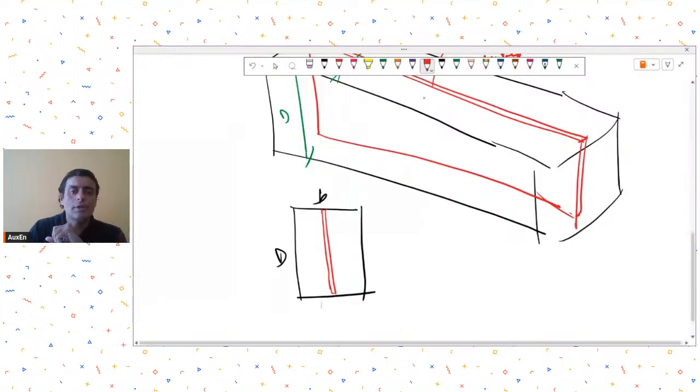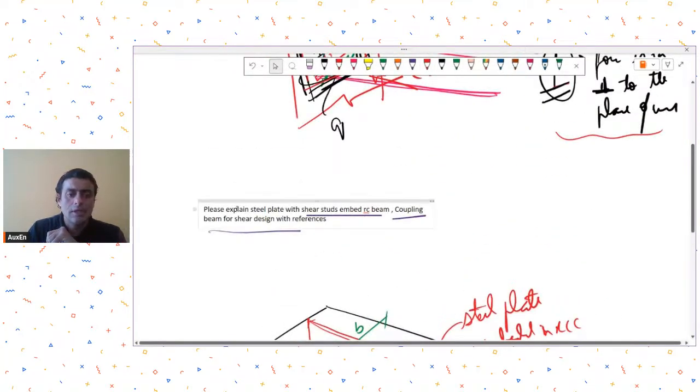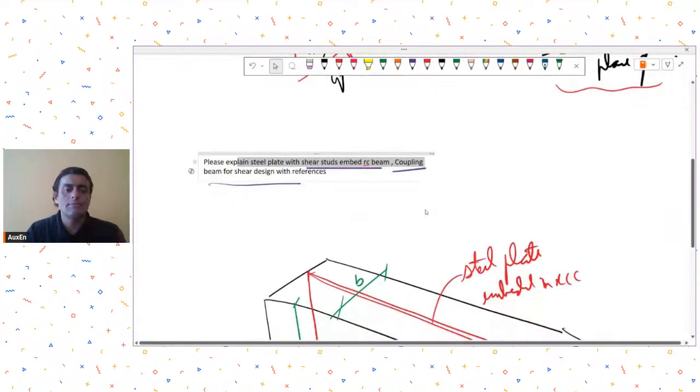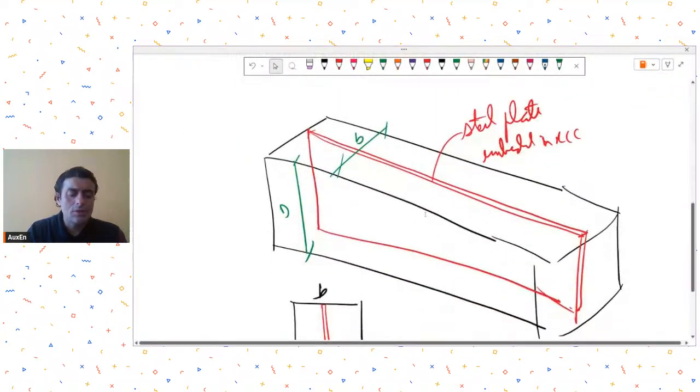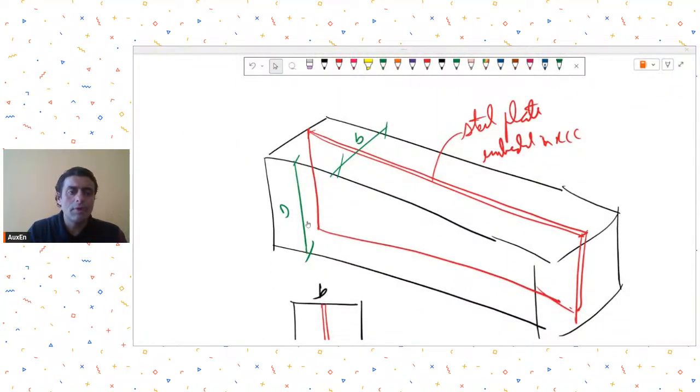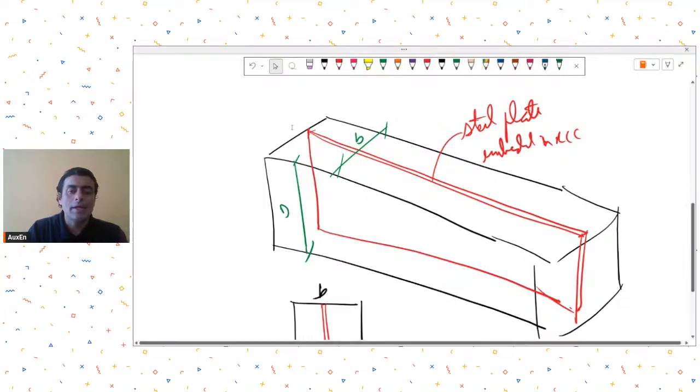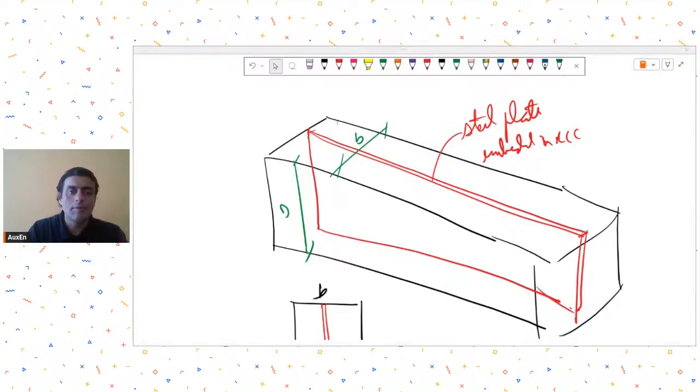So the question being asked is, explain this type of arrangement and why it is used for coupling beams, because coupling beams are usually subjected to very high shear forces, and then you may not be able to manage the shear with the coupling beam sizes that we have.